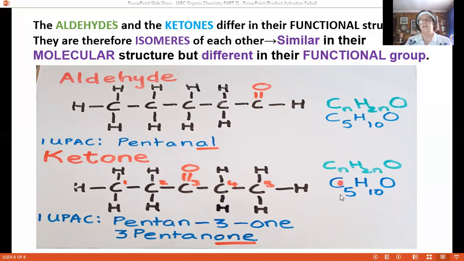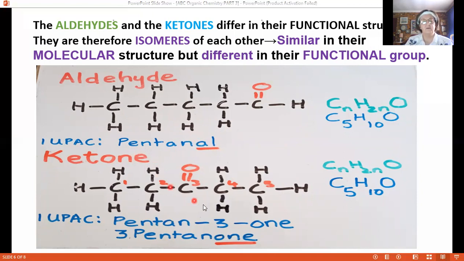Molecular formulae being the same, functional groups being different, the general formulae being the same. So here we have 1, 2, 3, 4, 5. That's pentanal. Remember the alcohol is -ol and the aldehydes are -al. The suffix is -al, so it's pentanal.